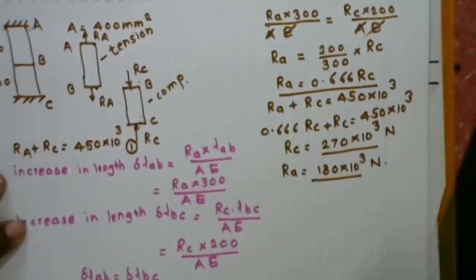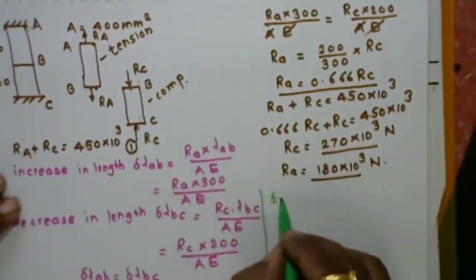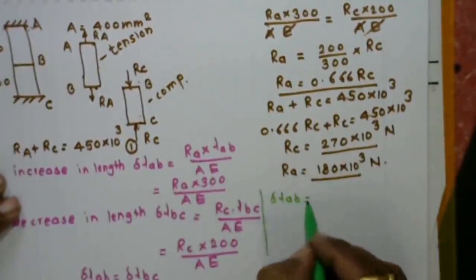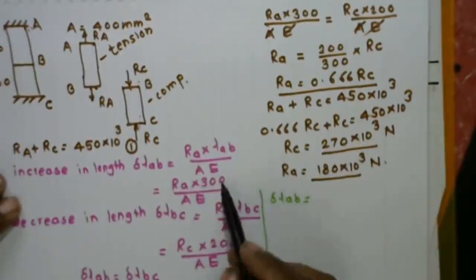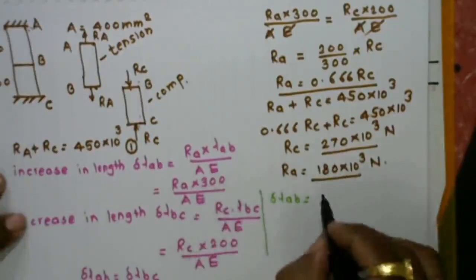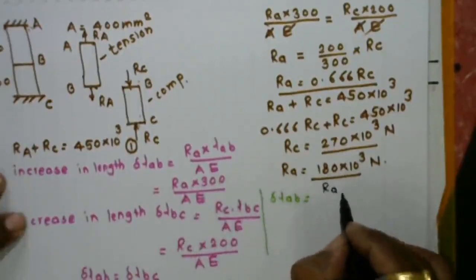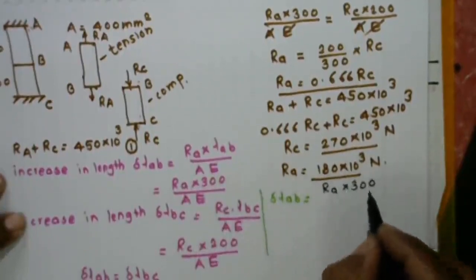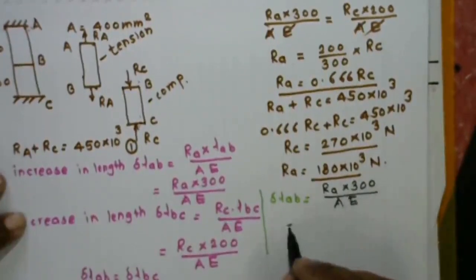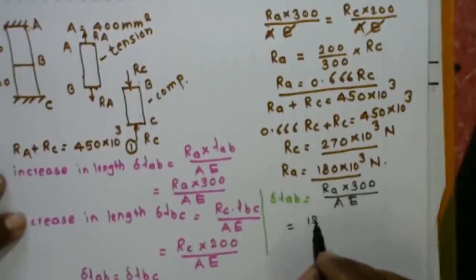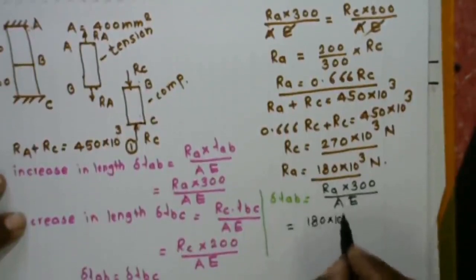Now we have to calculate the deflection, that is delta LAB. Delta LAB is equal to RA into 300 divided by AE. RA is given, 180 into 10 raised to 3.